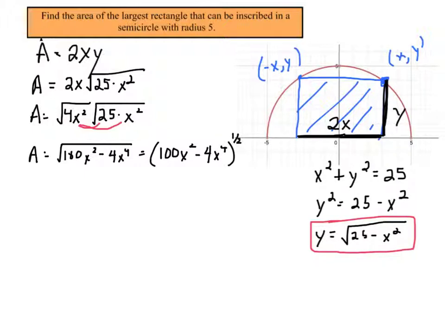Okay, let's do the derivative. dA/dx, 1/2 out front, leave the inside alone. Now it's to the negative 1/2, multiplied by the derivative of the inside.